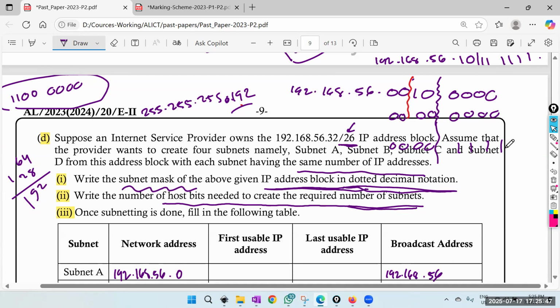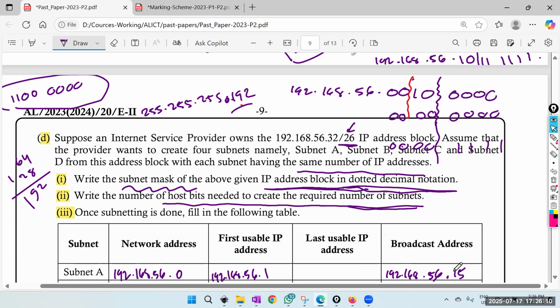192.168.56. What about this? 1, 2, 4, 8, 16, 16 minus 1, 15. So the first usable address will be 000001, that is 192.168.56.1.